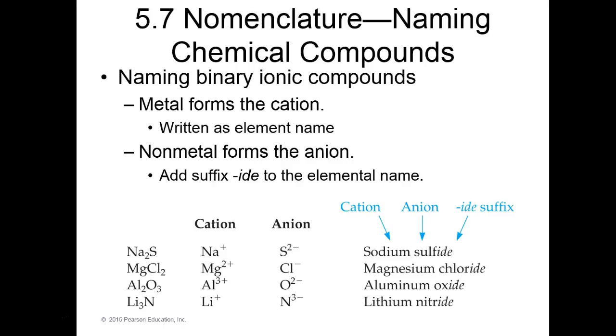When we name these, the metal forms the cation, which is written as the elemental name. The nonmetal forms the anion. Add the suffix "-ide" to the elemental name. So here we've got Na2S, which is sodium sulfide, MgCl2, magnesium chloride, Al2O3, aluminum oxide, and Li3N, which is lithium nitride.